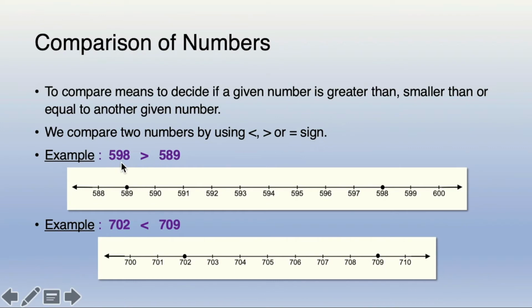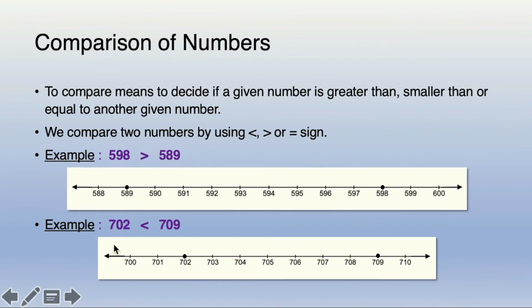Now, over here, the two numbers given are 598 and 589. So, along this number line, we see that the number 598 comes after the number 589. So, 598 is greater than 589.